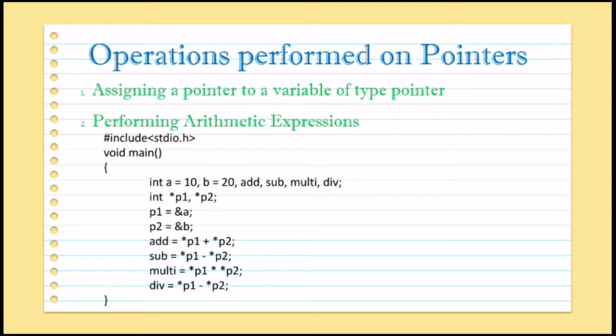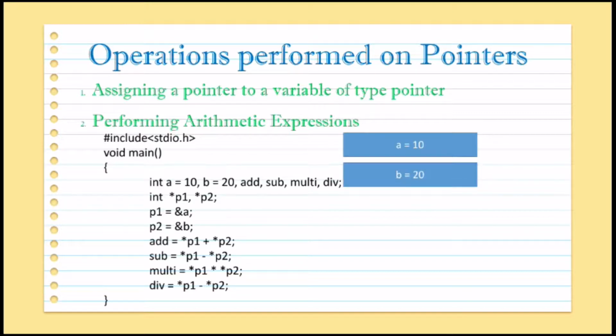Here in this program, in the first line we have declared 6 variables, that is a, b, add, sub, multi and div. a is initialized by 10 and b is initialized by 20. Remaining variables are used to save the result.